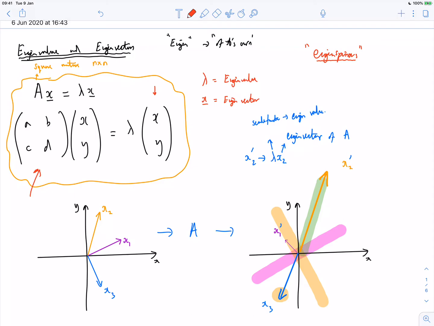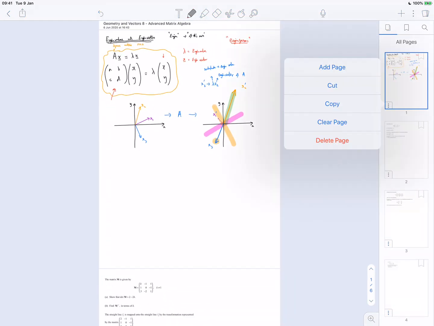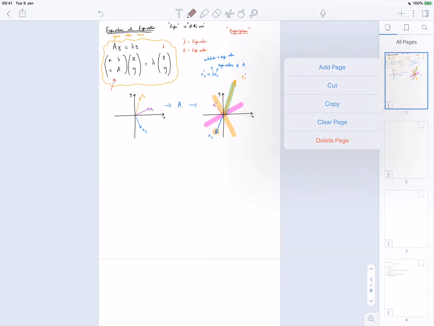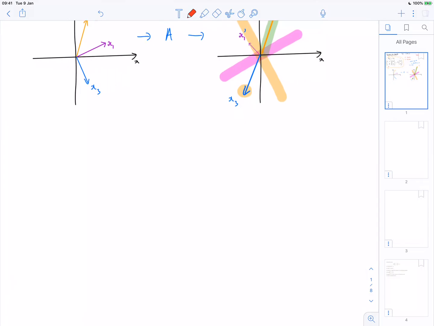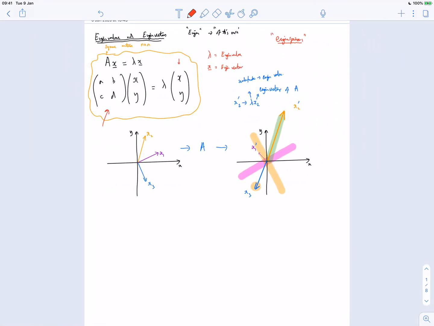So let's stop waffling. Let's actually talk about how we find eigenvalues and eigenvectors then. So I'm going to need a couple of pages. Okay, so how to find an eigenvalue and an eigenvector. And by the way, this stuff is in the further maths course, but only if you're doing FP2.